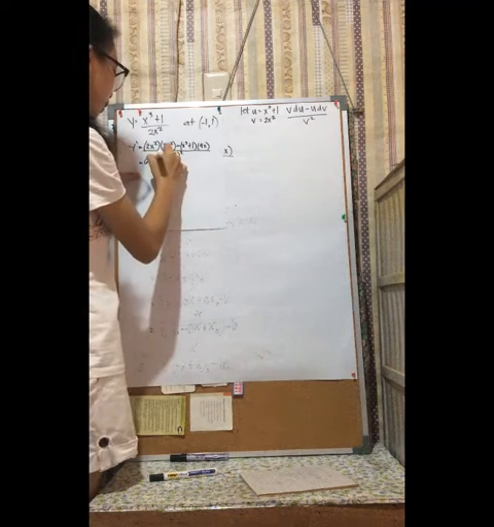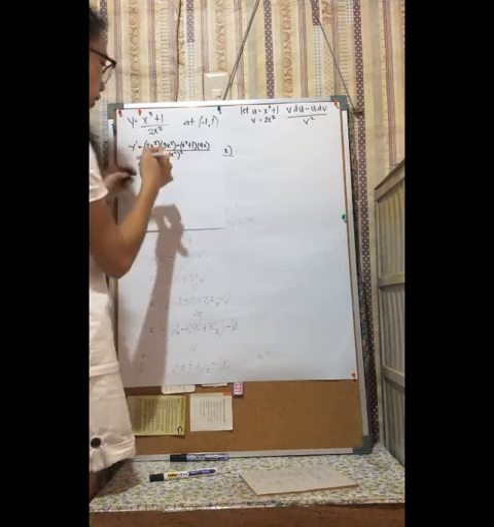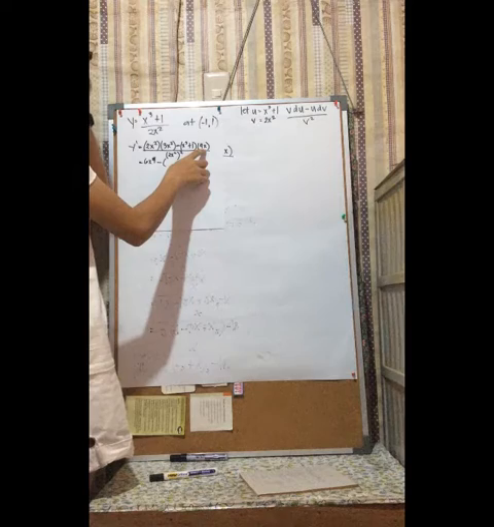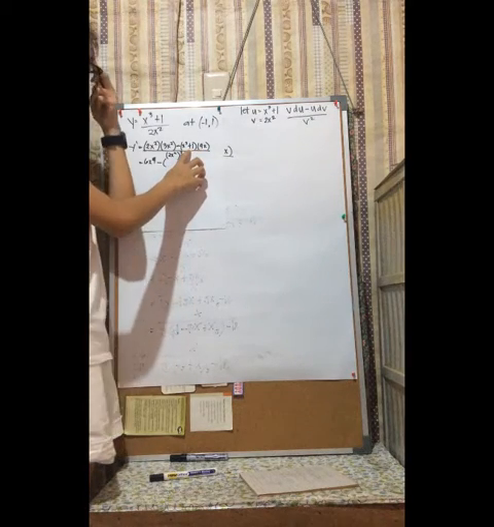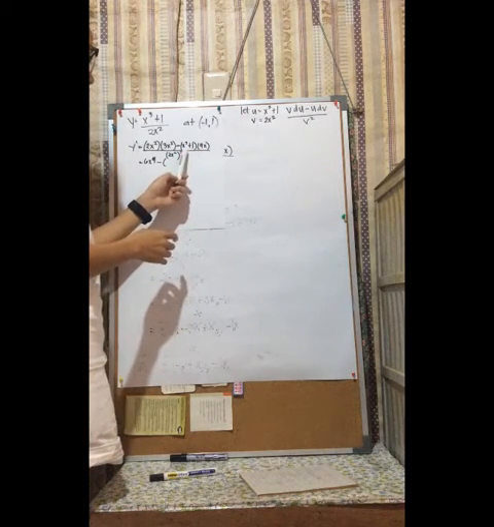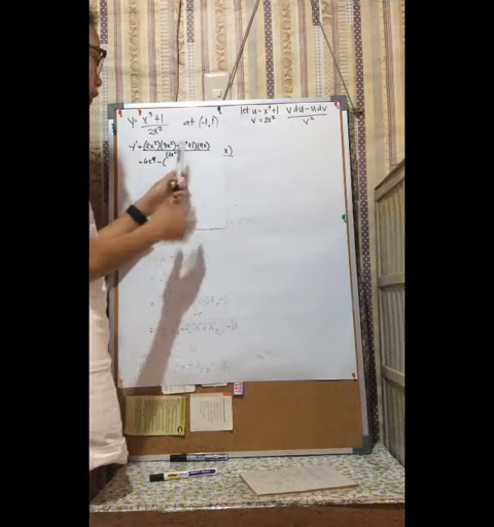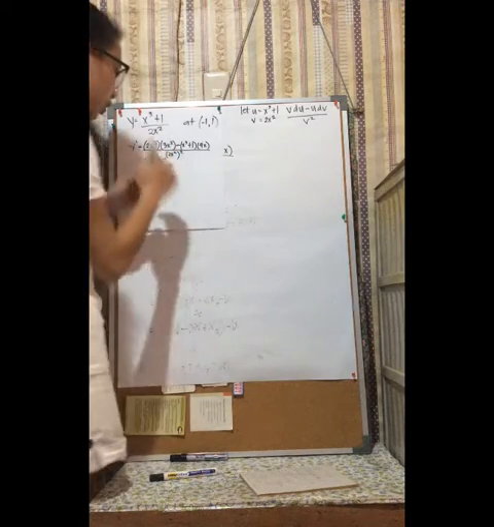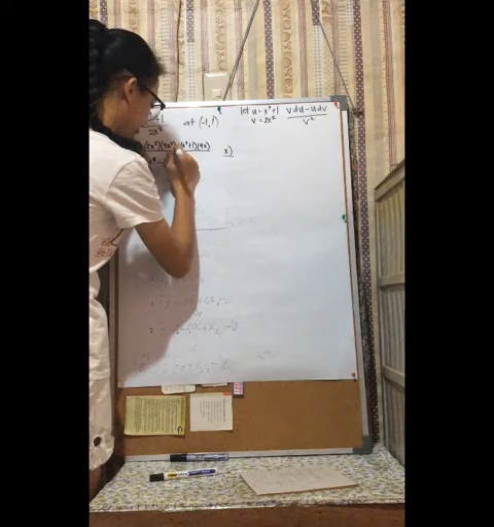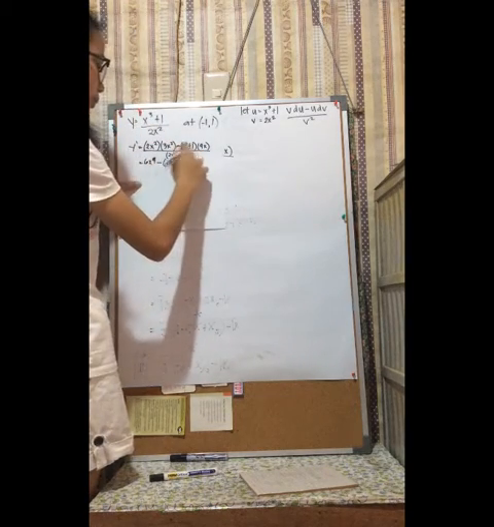Minus the quantity, distribute 4x to this equation. 4x times x cubed is 4x to the 4th power, plus 4x.